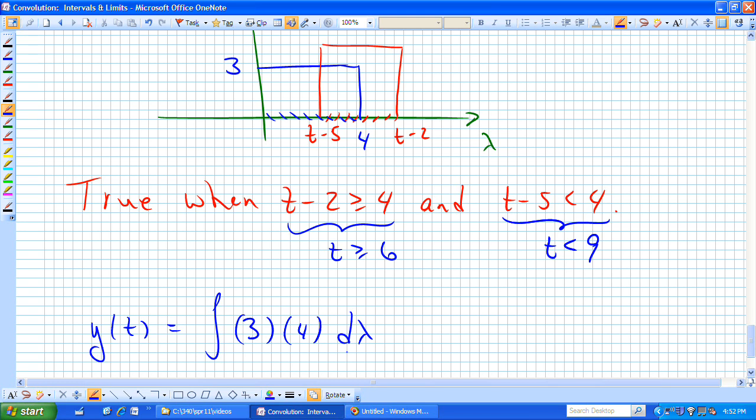The lower limit of integration, I hope you can see, is t minus 5. The upper limit of integration is 4, and now we have 12 lambda evaluated from t minus 5 to 4.